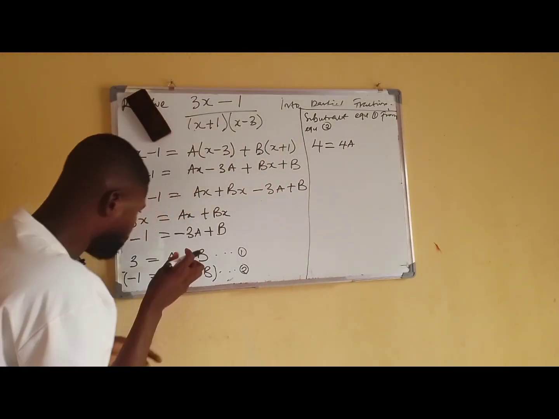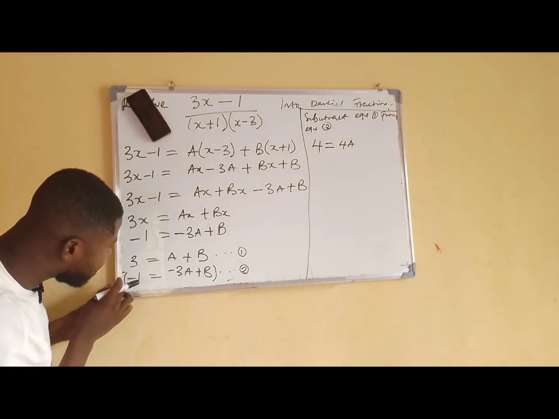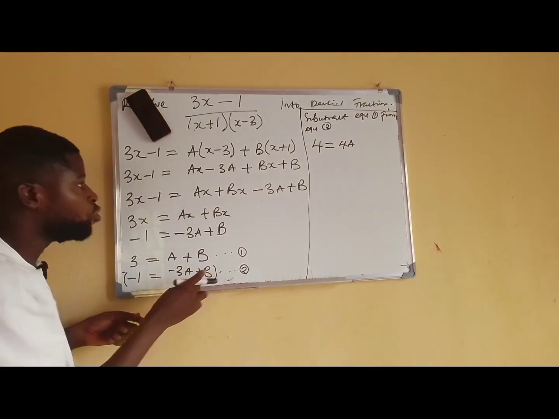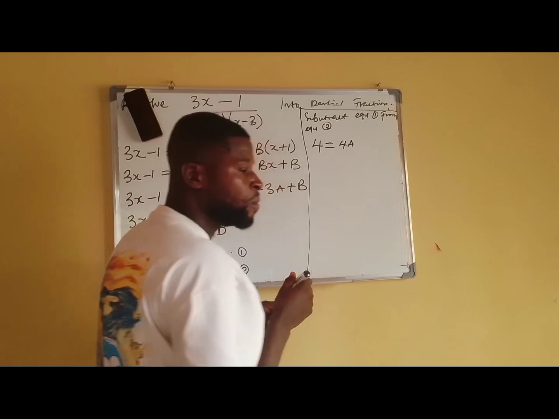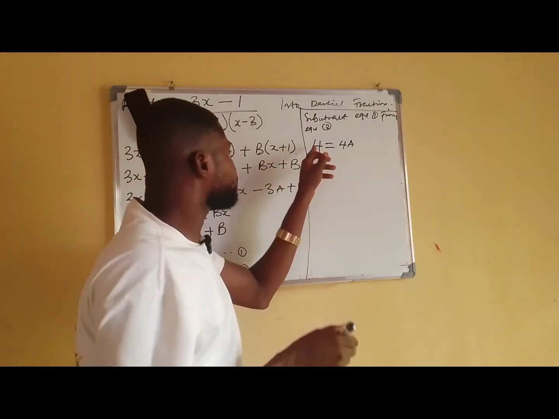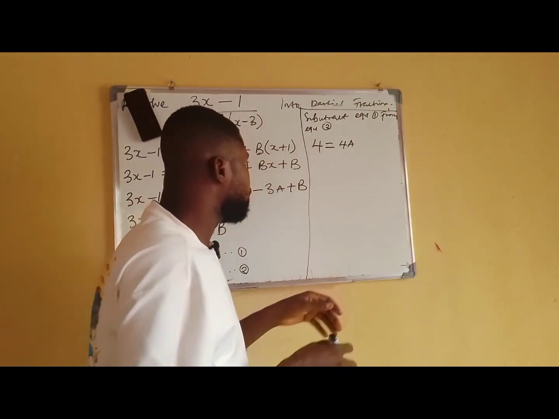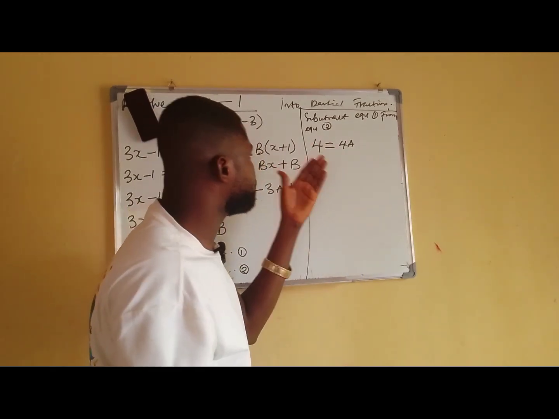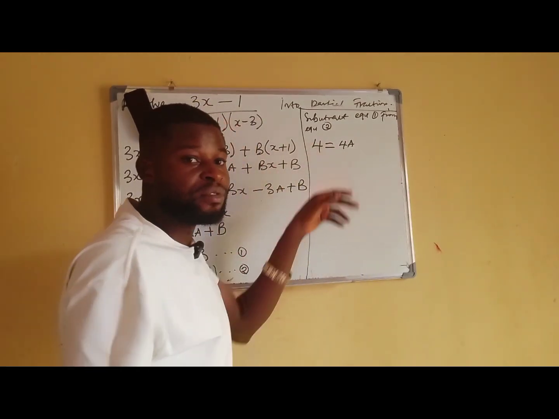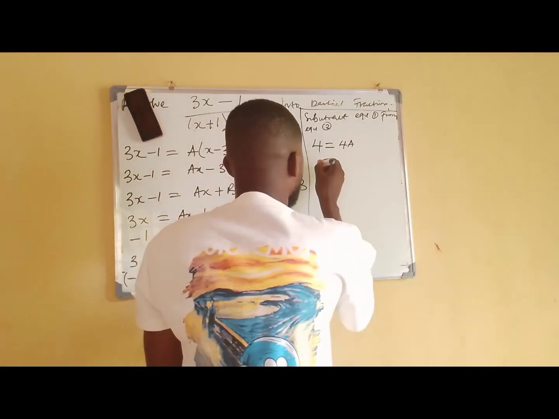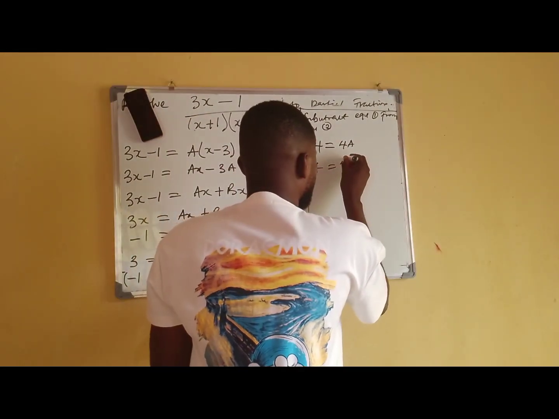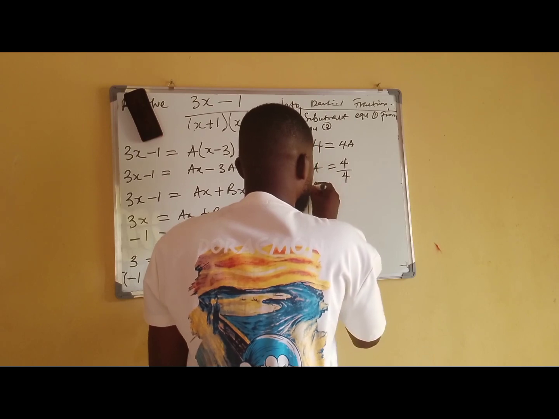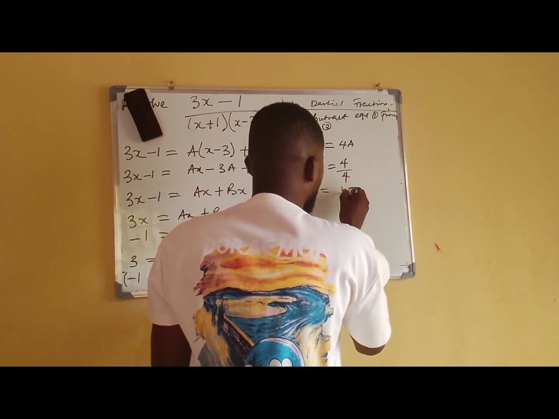Now plus b minus plus b will be equal to 0. Now we'll be left with 4 equal to 4a. When you divide both sides of the equation by 4 in order to make a the subject of the formula, a will be 4 over 4. That is a is equal to 1.